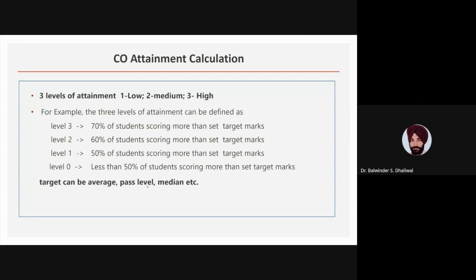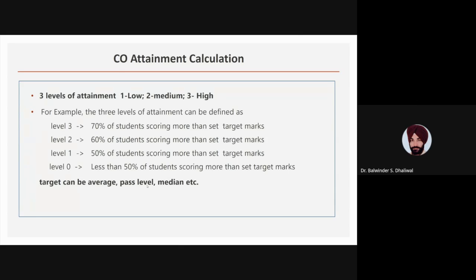Again, this is not a universal definition. It's as per our program, so we need to define such levels based on various factors. The target can be the average of passing marks of the students, or simply a pass level. In many universities and colleges, 40% is the pass level.